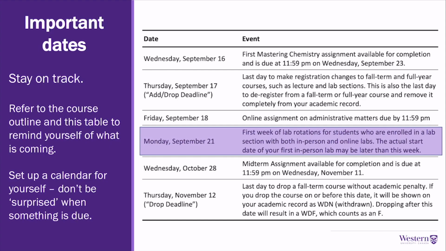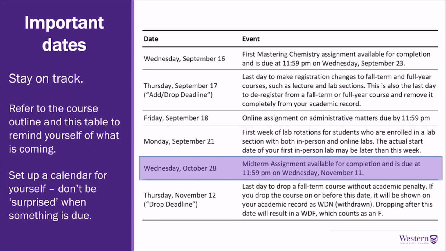Labs will start Monday, September 21st, or at least that's the first week for those who are registered in person and online labs. Stay tuned for your actual start date. Just because labs start that week, it doesn't mean you will be in the lab. We have a midterm assignment. This is a take-home assignment, and you'll notice the large date range.